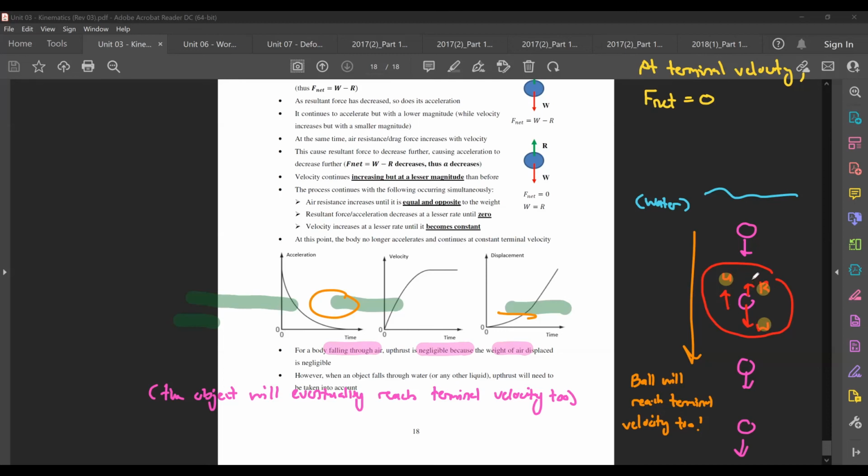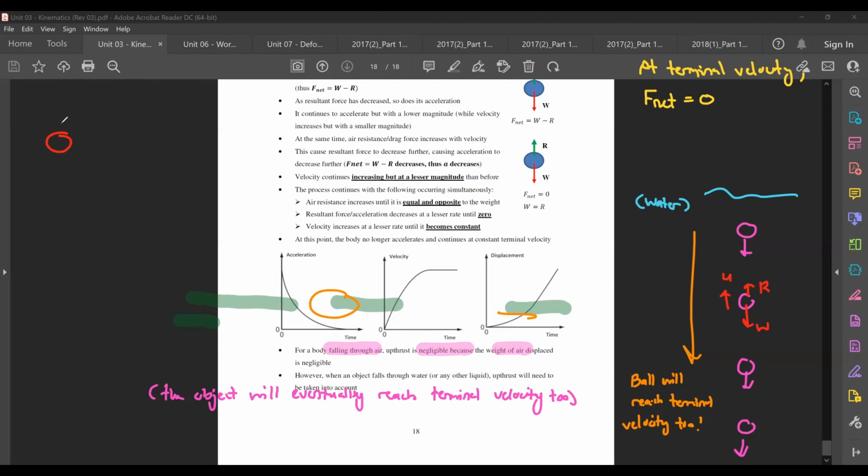Is it the kinematics equation? No. This one is not talking about kinematics equations. This one is just asking you to consider these three forces. Let me try to redo this for you.